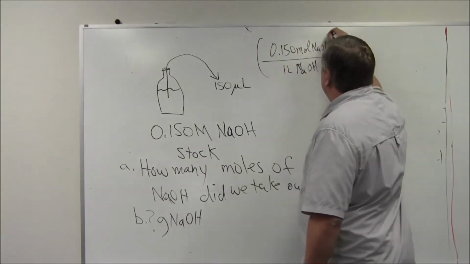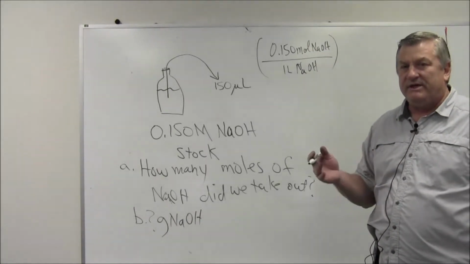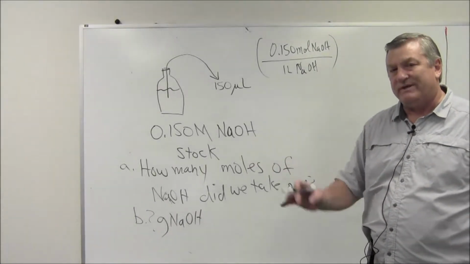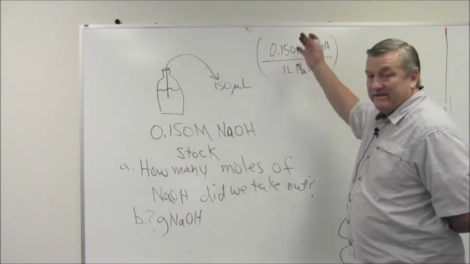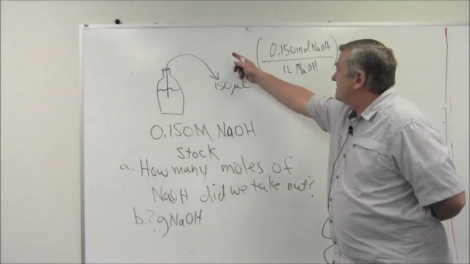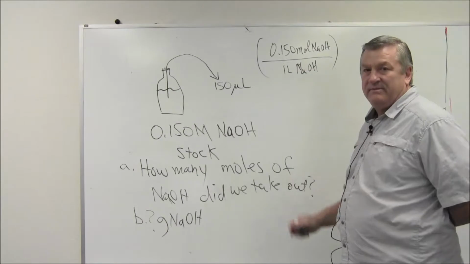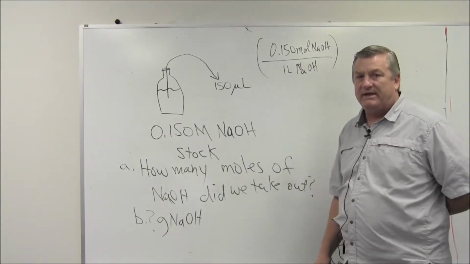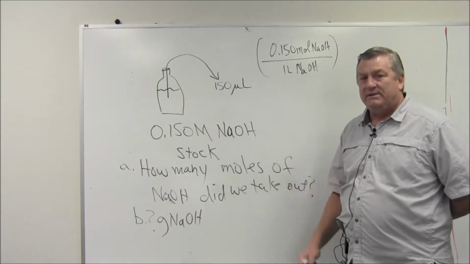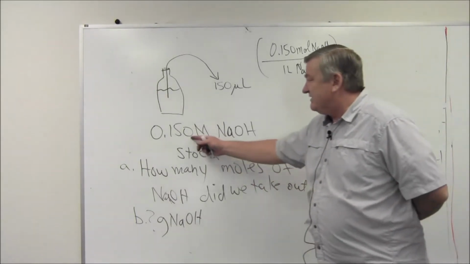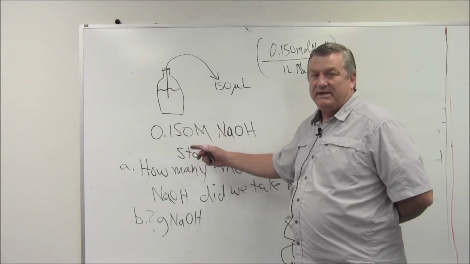Whenever using it as a conversion factor, rewrite the molarity by definition: moles of solute per 1 liter of solution in the numerator. Then we can flip it as a conversion factor, which allows us to convert liters to moles, or if we flip it, moles to liters. So let's think in conversion factor mentality here. Since they gave us this, it is not our given. It's going to be a conversion factor.